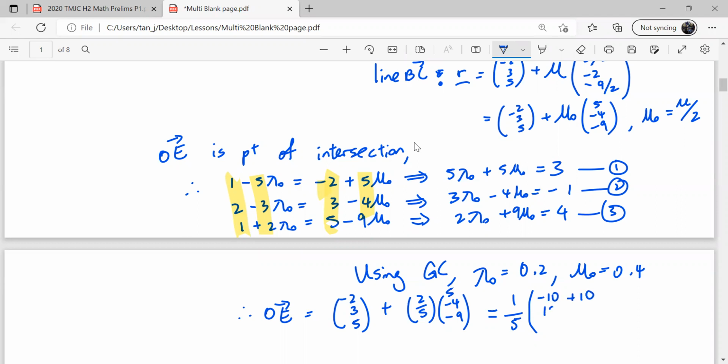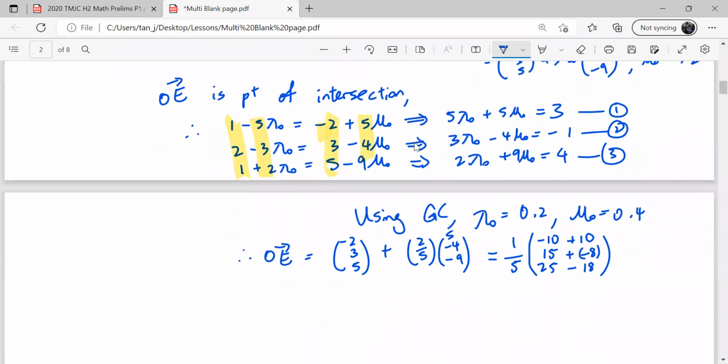Then 15 plus 2 times minus 4, minus 8. Then 5 times 5, 25, minus 18. You realize that to reduce the fraction, I always take a scalar outside, it's always okay. So (0, 7, 7). Oh, even nicer. 7 over 5 of (0, 1, 1). So that will be my answer.